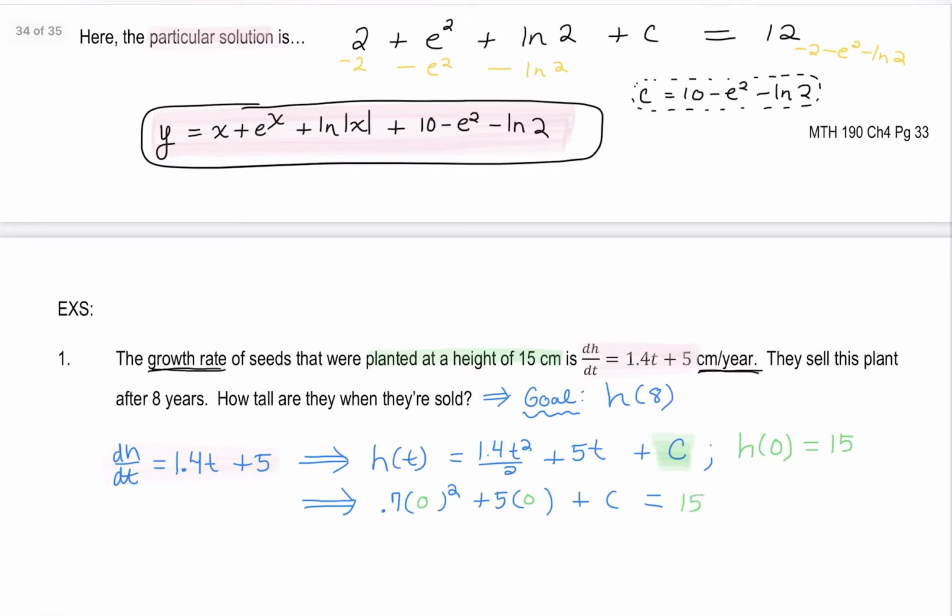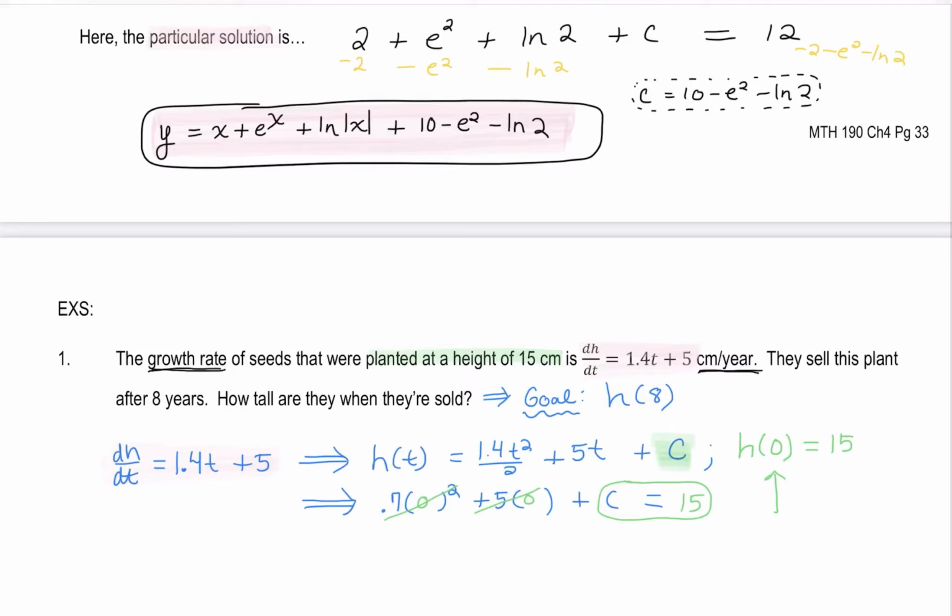Now this is why these problems are sometimes called initial value problems, because when you actually solve for c, these first two terms go to 0, and you get that c is equal to 15. They call these initial value problems because they gave me the value at the initial time 0.